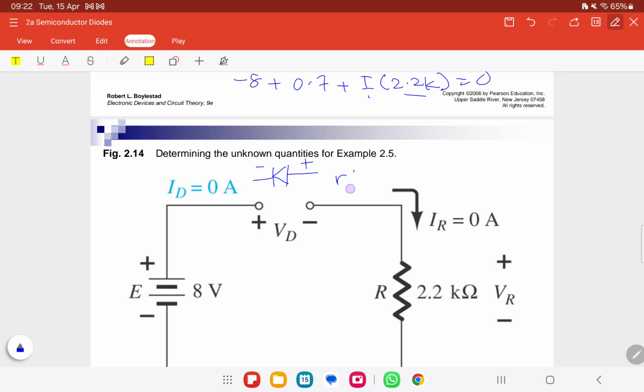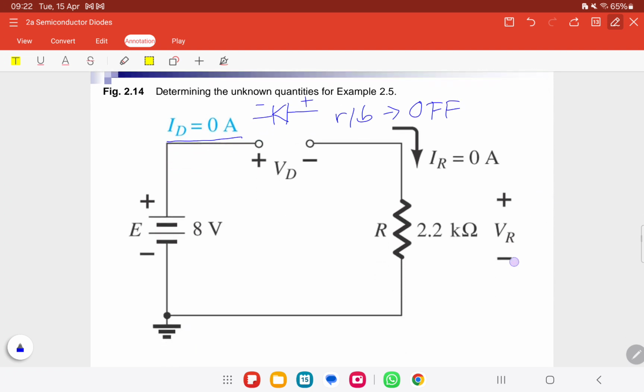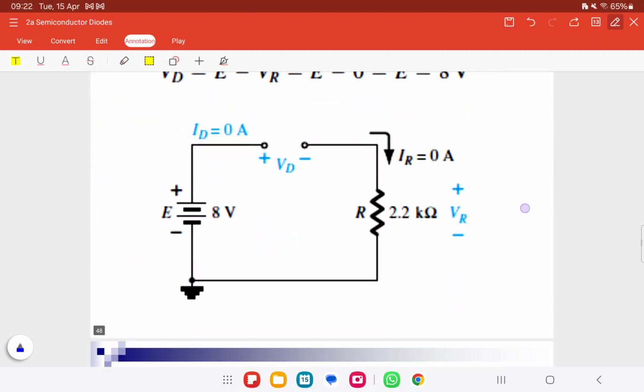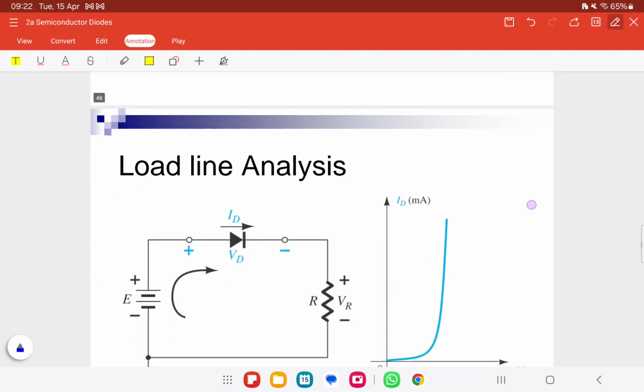So it is reverse bias, off. When the diode is off, it's like an open circuit. It doesn't function, so the current cannot flow. So I is equals to 0. This is how to show it.